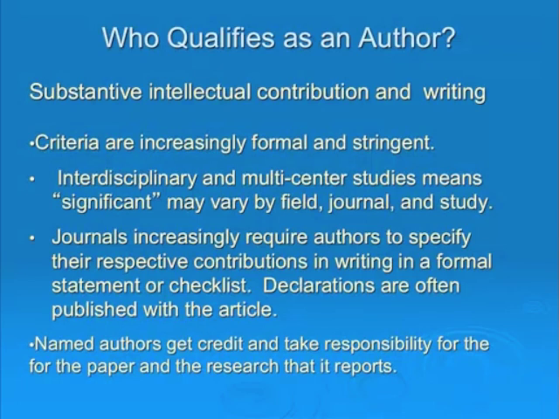And others have jumped on that bandwagon, so that the standards are increasingly formal and increasingly stringent, and journals are increasingly requiring people to actually sign a document saying, I did this and this and this, before they get to be counted as authors.